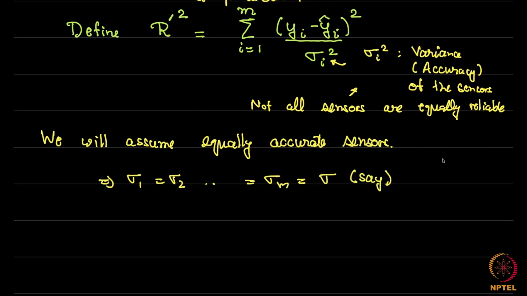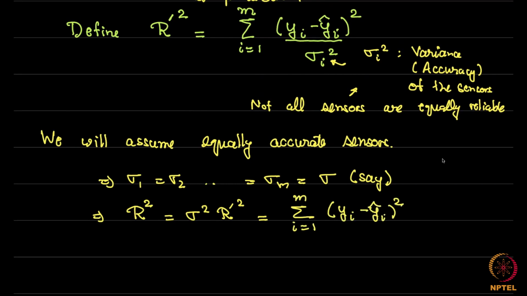Okay. So now we can define one new quantity, r square. I'll again tell you what this means. This is equal to sigma square times r prime square. And that's just going to look like the sum over i equal to 1 to m of (yi minus y hat i) square.